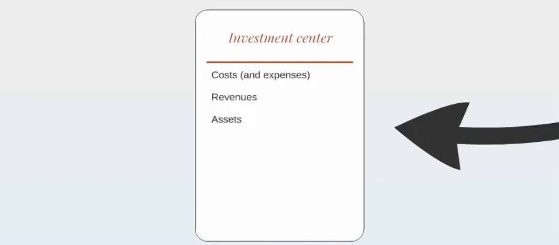So we give them responsibility for their assets and the return on that investment in their assets. Not only do they have decision-making abilities for costs and revenues, but also for assets. So their report will add one more thing than the profit center.